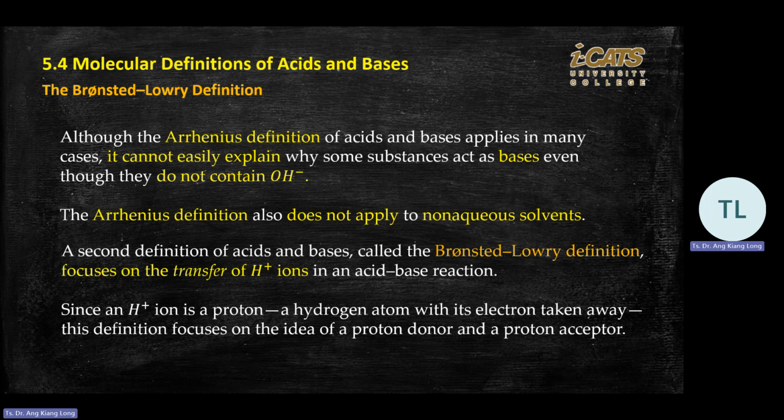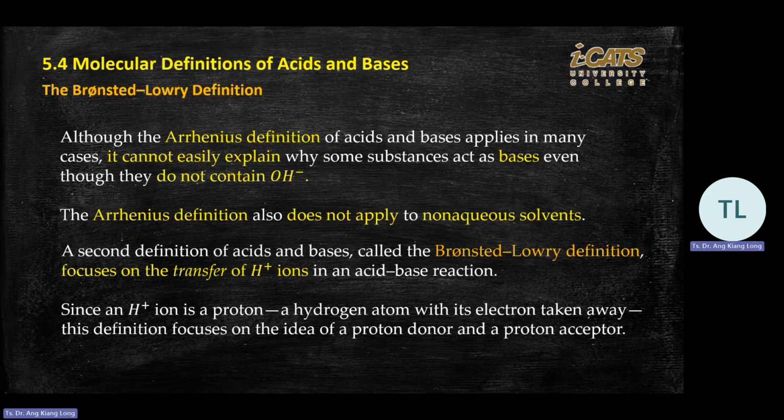If you donate, if you give up something, you are a donor. If you receive something from someone, you are an acceptor. BL looks at how the H plus is transferred.